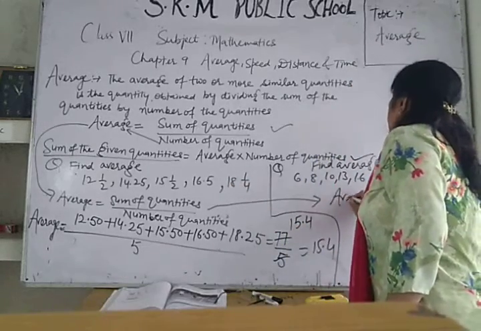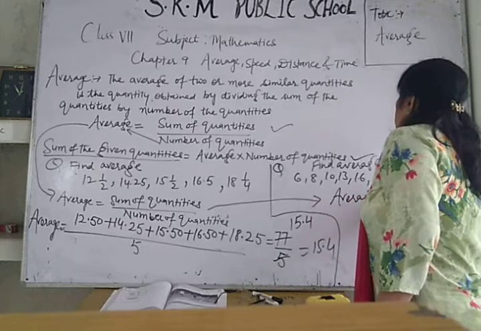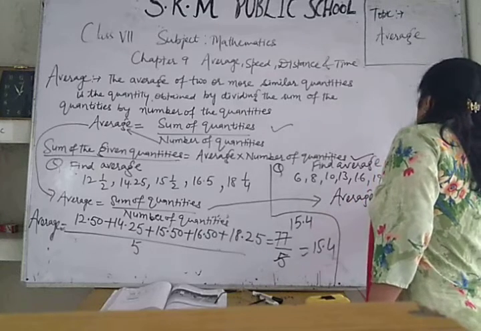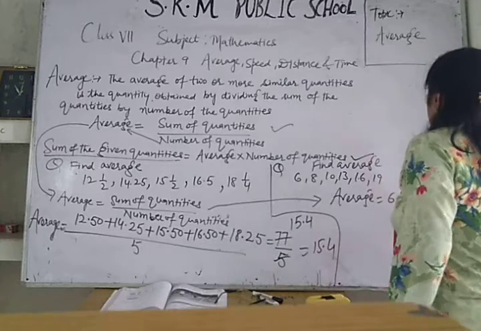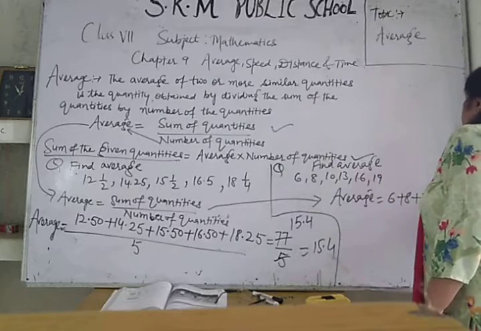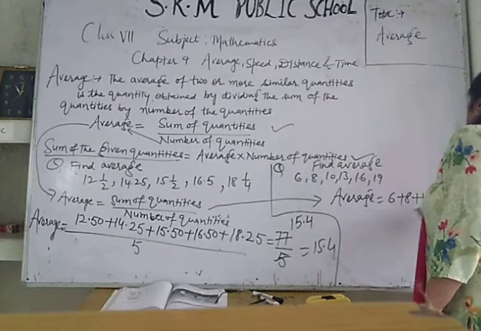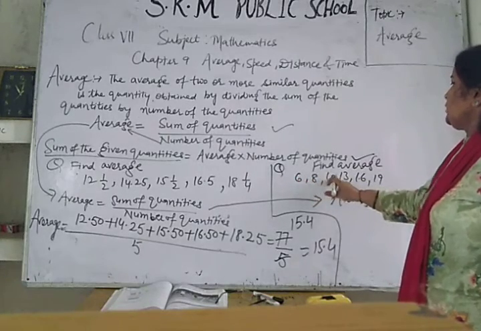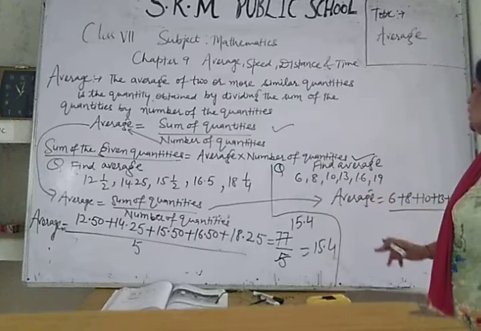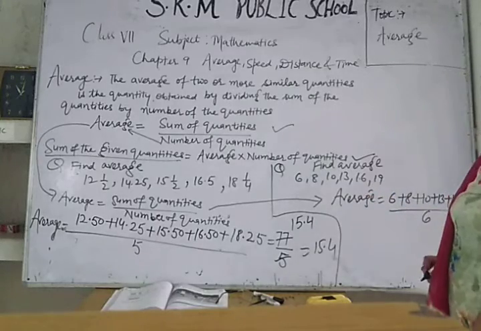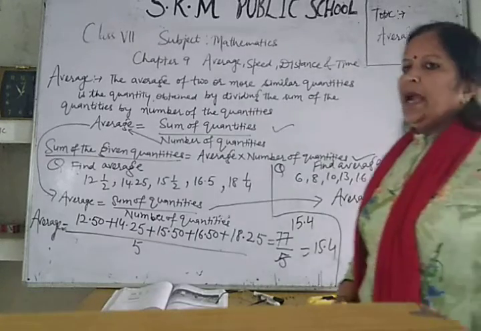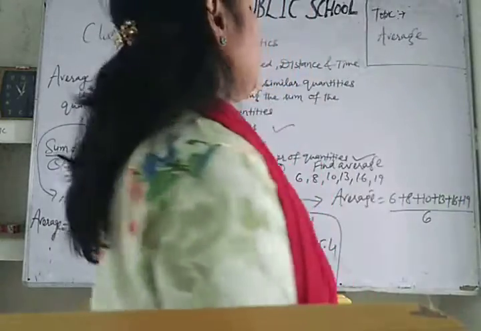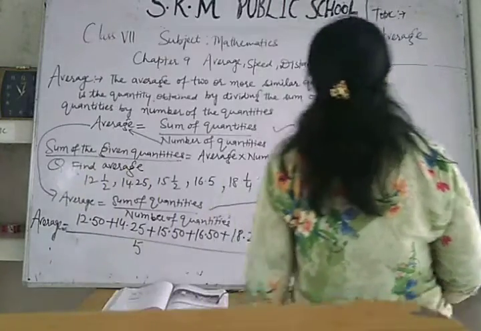Then proceed: 6 plus 8 plus 10 plus 13 plus 16 plus 19. How many numbers are there? Quantities 1, 2, 3, 4, 5, 6. So add 6, 8, 10, 13, 16 and 19.